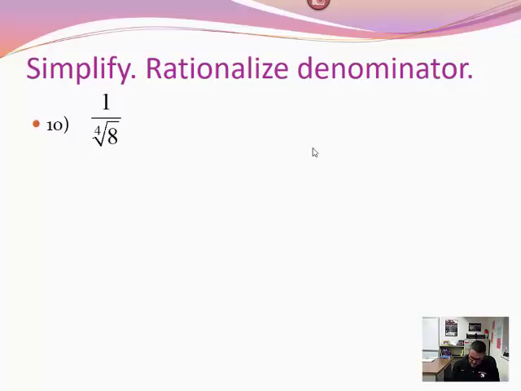Okay, so in this example, simplify if you can. In this case, I can't because I have the 4th root of 8. So all I need to multiply this radical expression by to get the radical to go away in our denominator would be the 4th root of 2, because the 4th root of 2 times the 4th root of 8 is the 4th root of 16, which is 2.